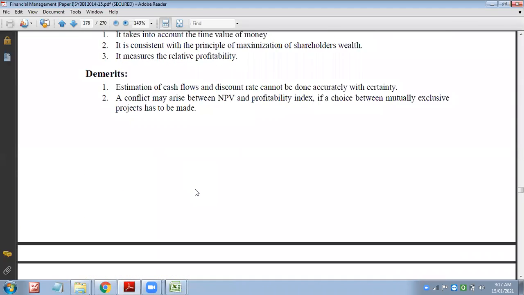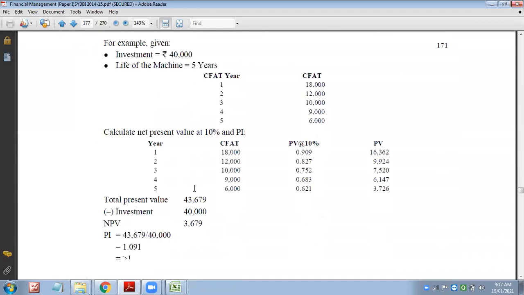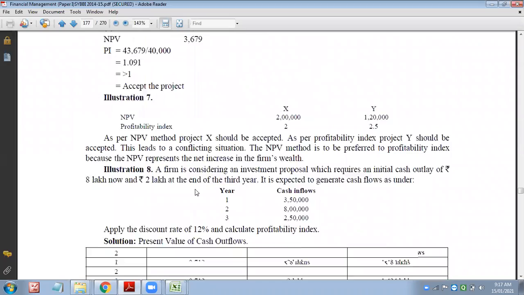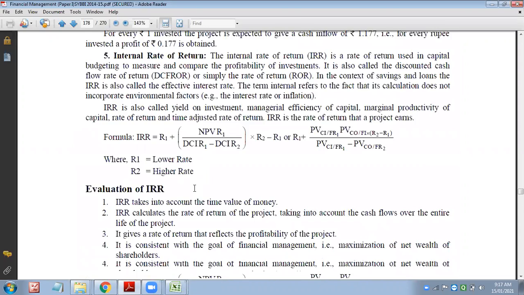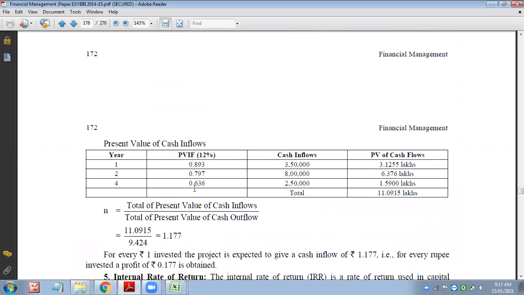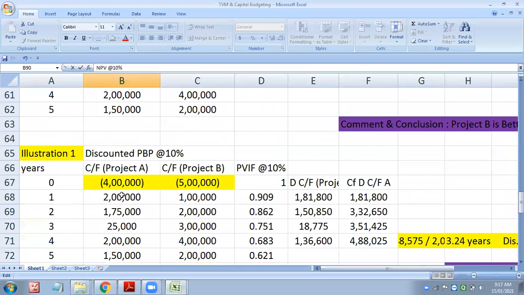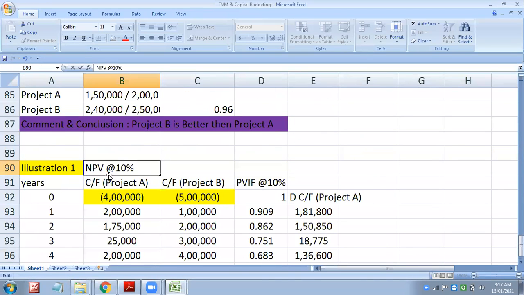And for PI also, if it is more than one, accept; if less than one, reject. So I will take this as an example for NPV and PI.